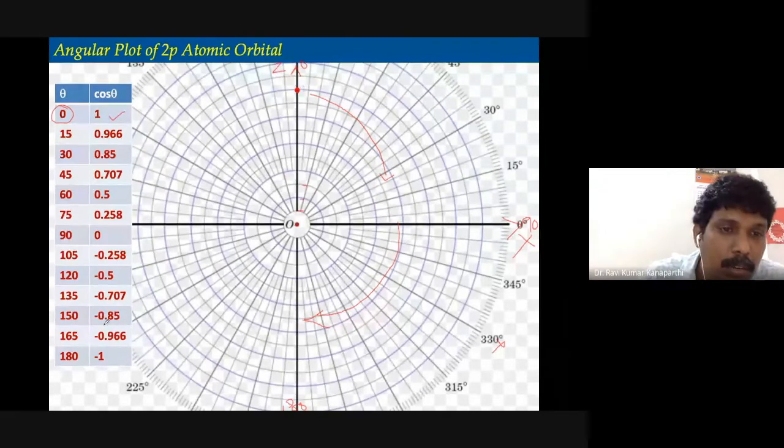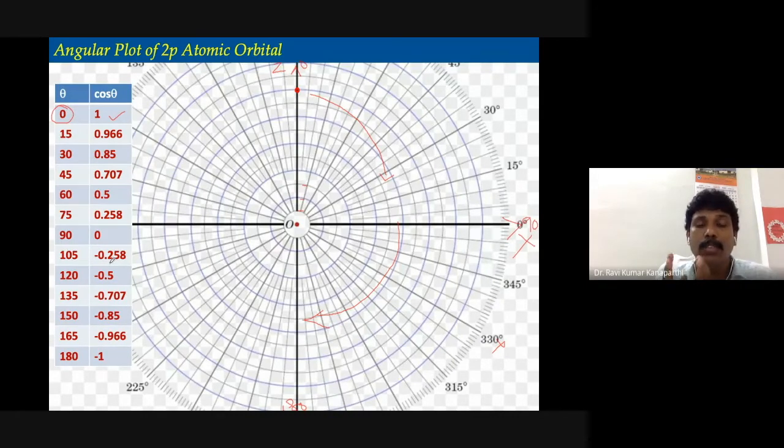Now you may ask the question, sir, what about these negative signs? When you are plotting the polar graph, you should not worry about the sign of the value. You only consider the magnitude, and the sign is something that we assign after plotting the graph.